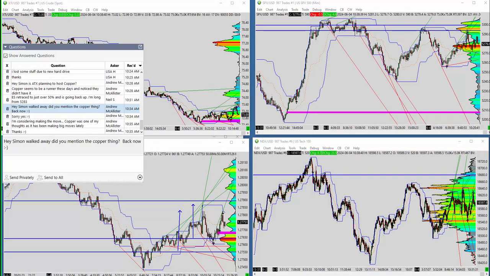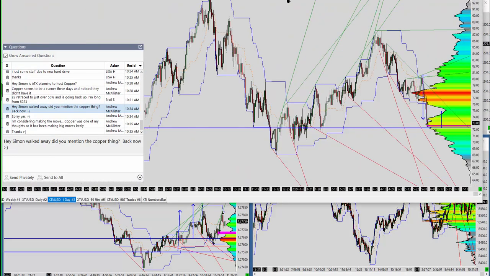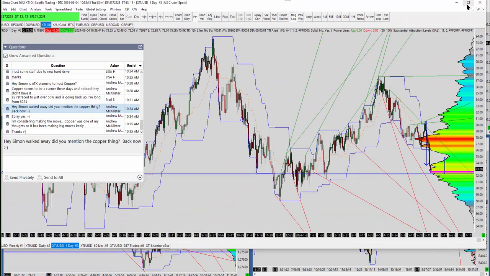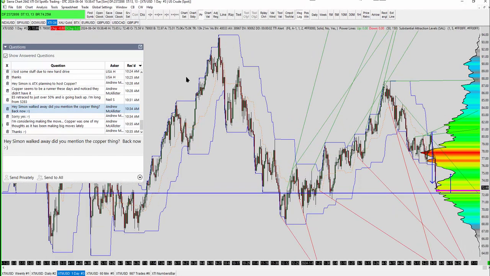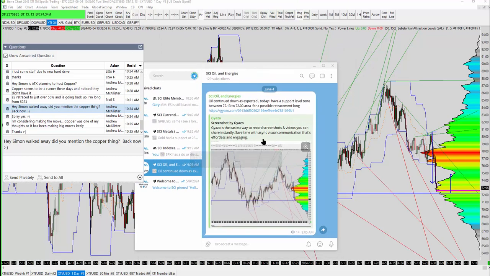And going back to the Fibonacci levels, there's a reason why on my crude analysis this morning I mentioned that, if I look at my crude, where's my oil here? On my oil, I said I have a support. See this?